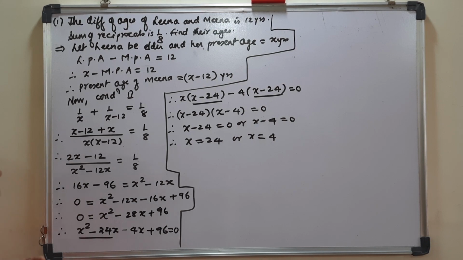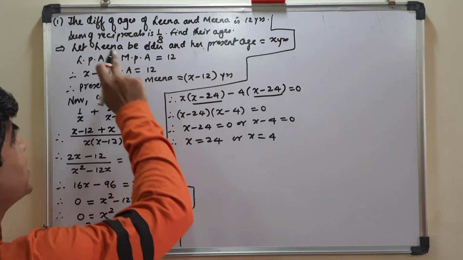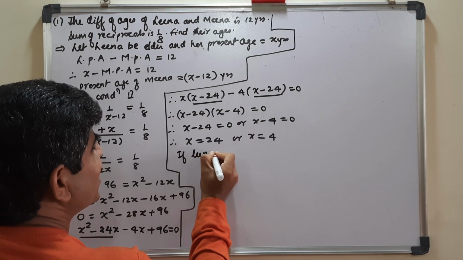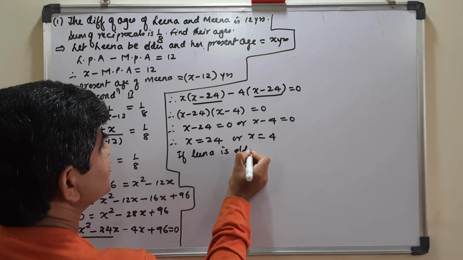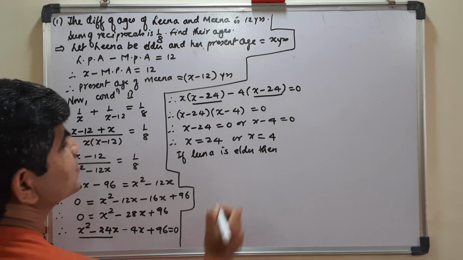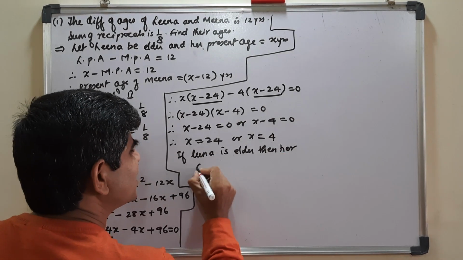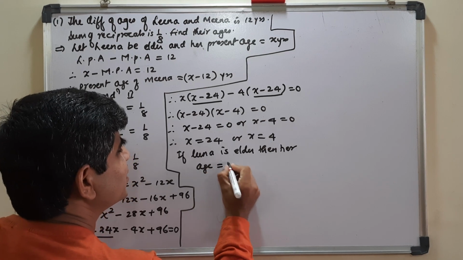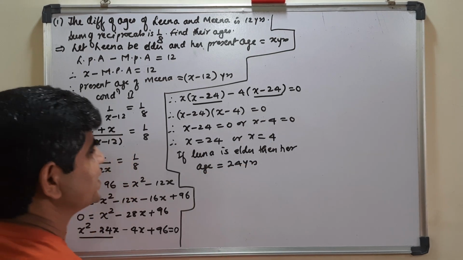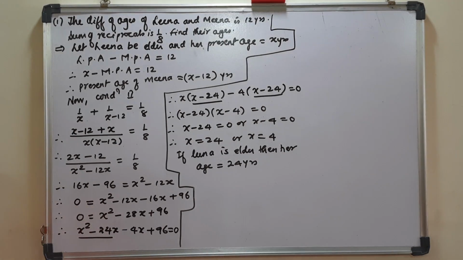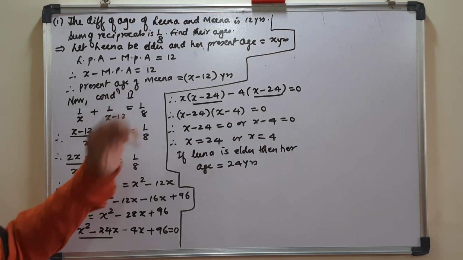So x is 24. Who is taken as elder? If Lina is elder, then her age will be 24 years. That is the present age. And if she is 24, then what will be the age of Meena?